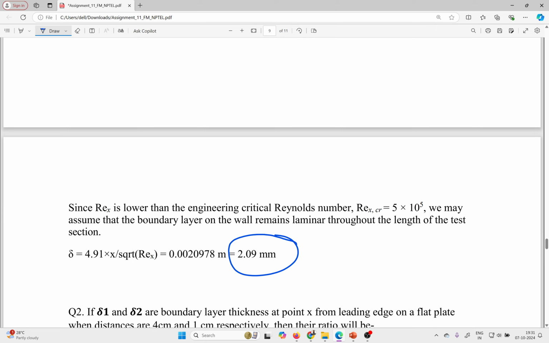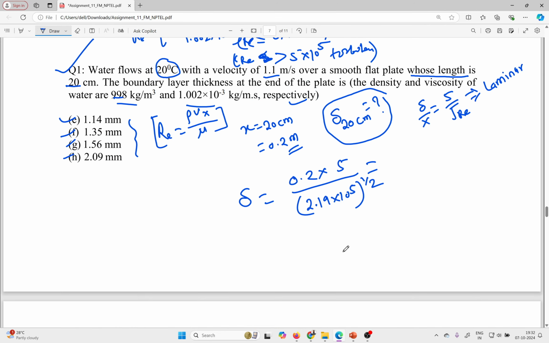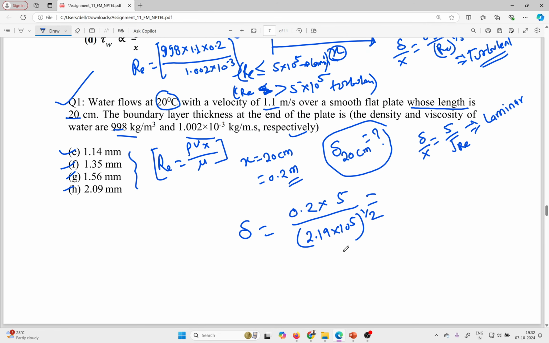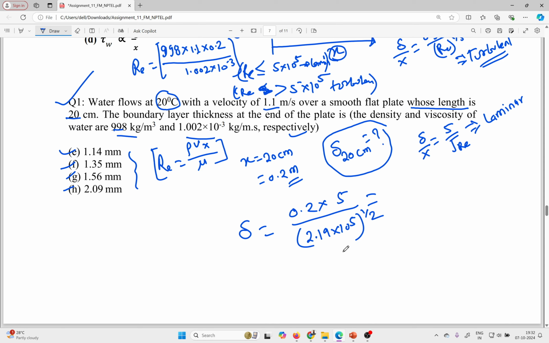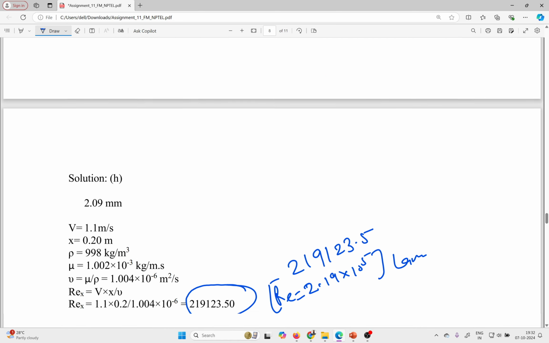Remember, please, 5 into 10 to the power 5 is the critical Reynolds number for laminar flow. So this is the overall idea of how you will solve such questions in your examination, be it the final NPTEL examination, your university exam, or a competitive exam. Which option is correct? 0.29, so the last option, H, will be correct.